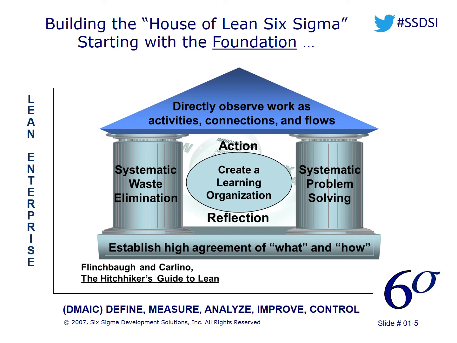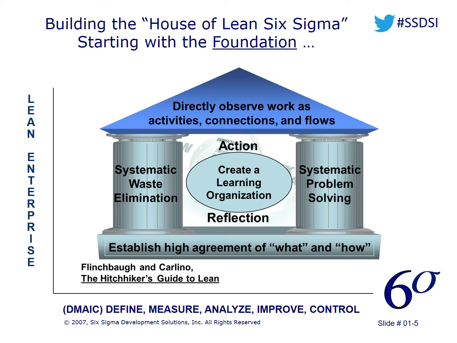Systematic problem solving is the responsibility of those change agents, the green belts, the lean agents. Okay, but those change agents can't do anything without the help of the white belts.